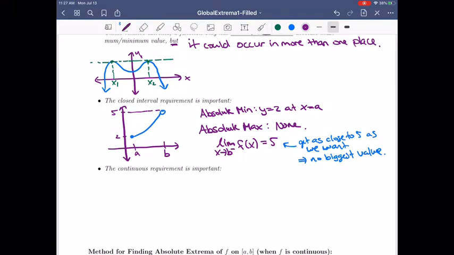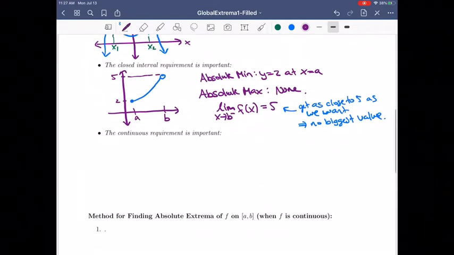So I'm giving you an example of where it doesn't. The continuous requirement is important.